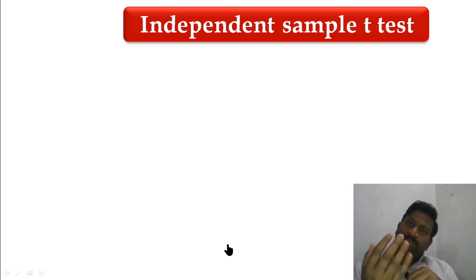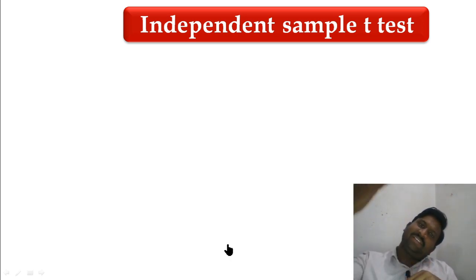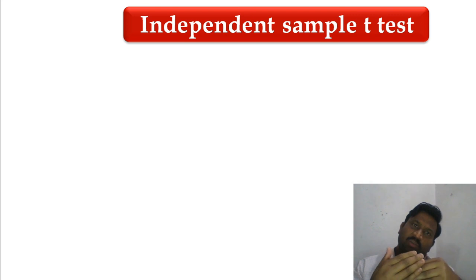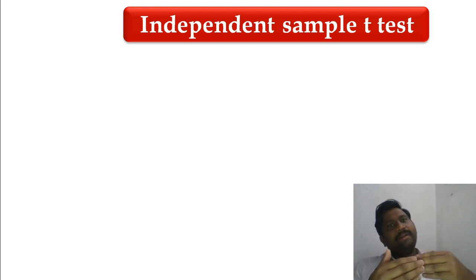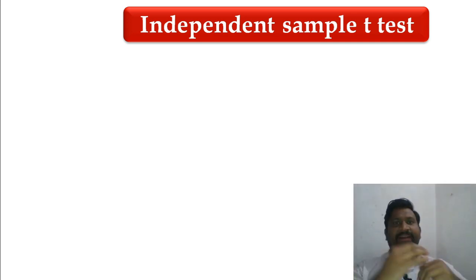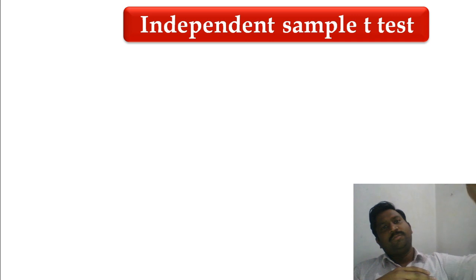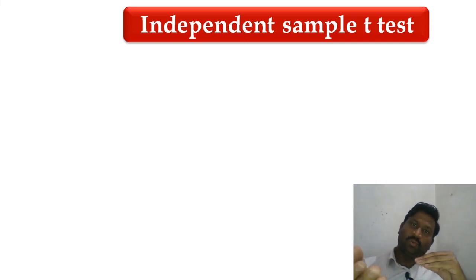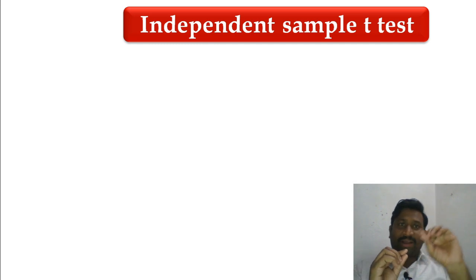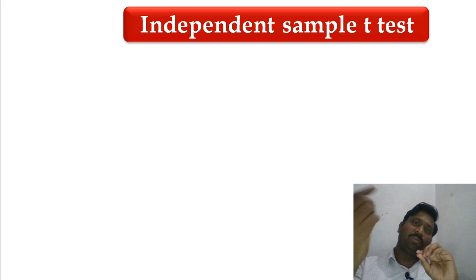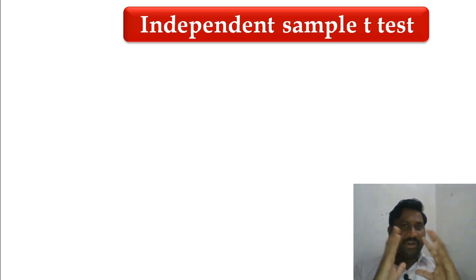So independent sample t-test means we have a sample in which the score obtained by one is not dependent on the score of the second. Okay, suppose I have a mathematics score of boys and girls, so these scores are mutually exclusive, meaning boys' scores don't depend upon girls' scores and girls' scores don't depend upon boys' scores.